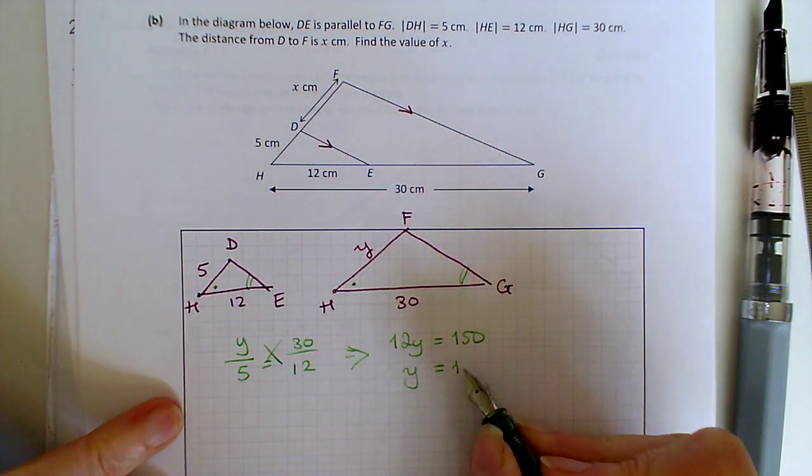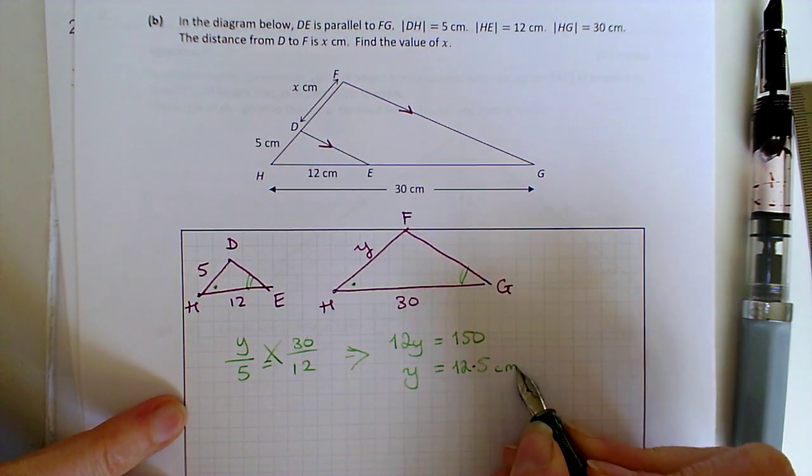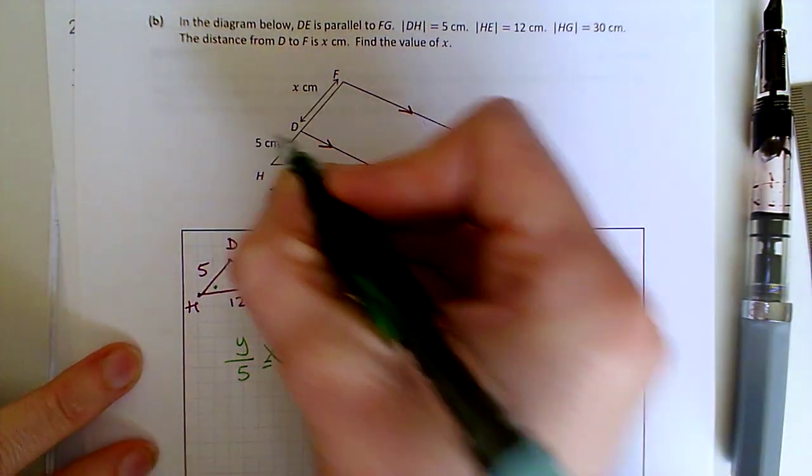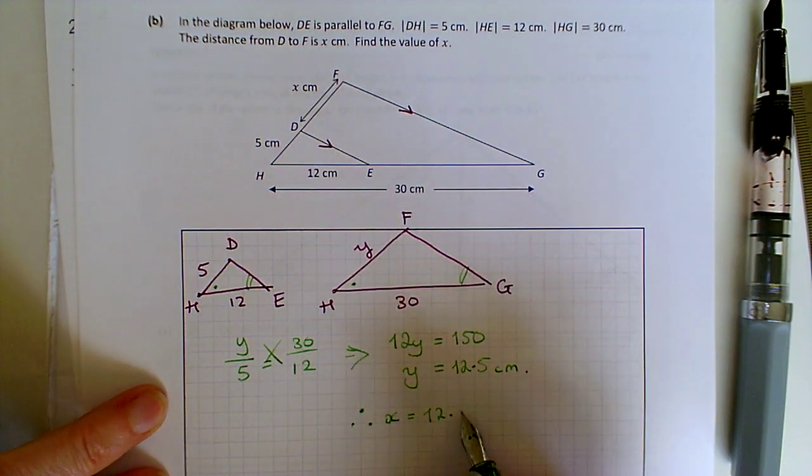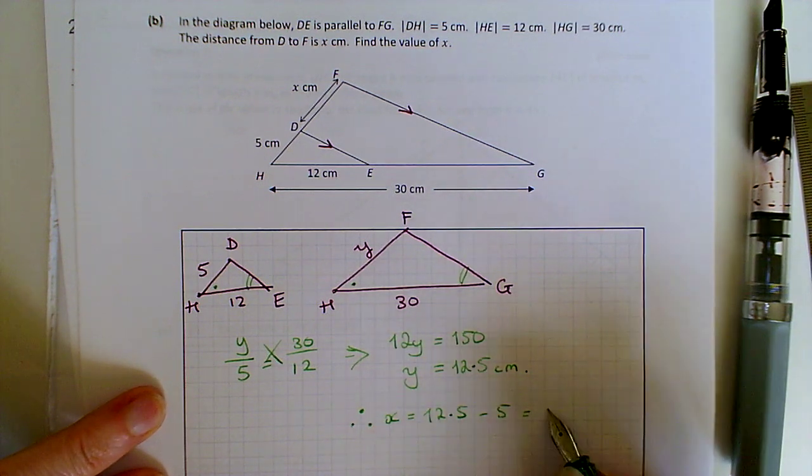And they are in centimeters, 12.5 centimeters, but be careful, that's not the answer. I need to subtract 5 from it. So therefore, x is 12.5 minus 5, which is 7.5 centimeters.